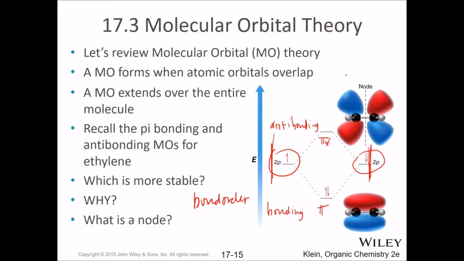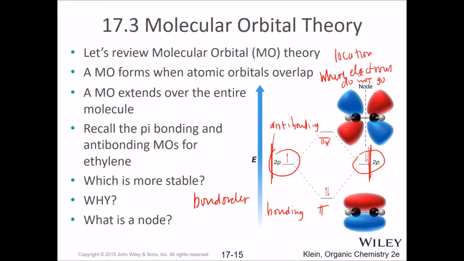So what is a node? You see a node right here? A node is a location where electrons do not go. There's no electrons here in a node.